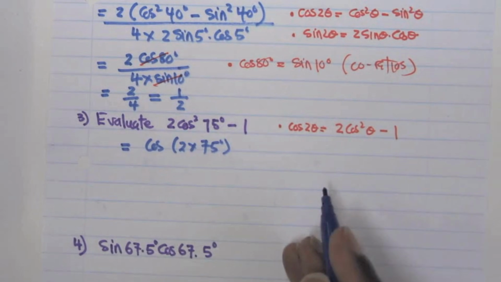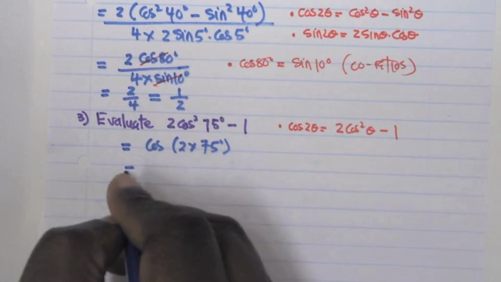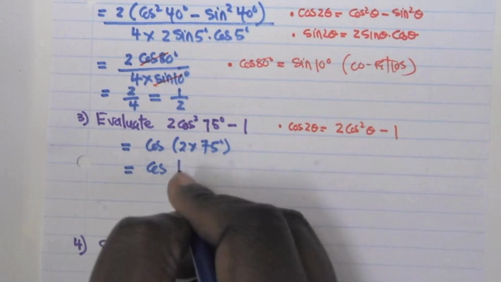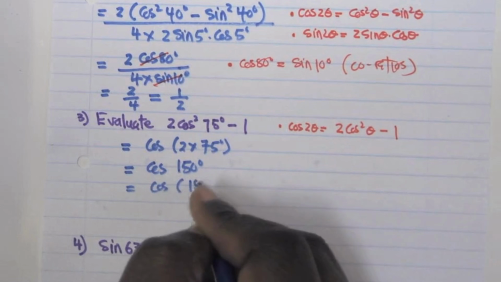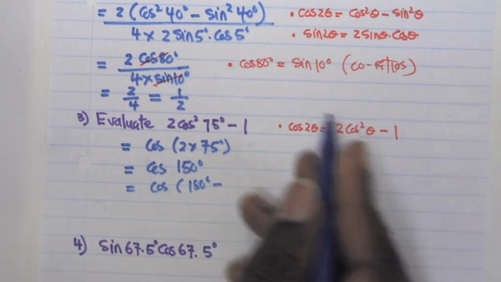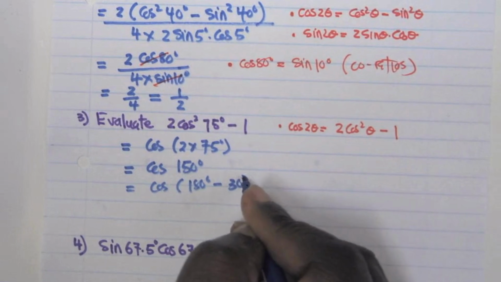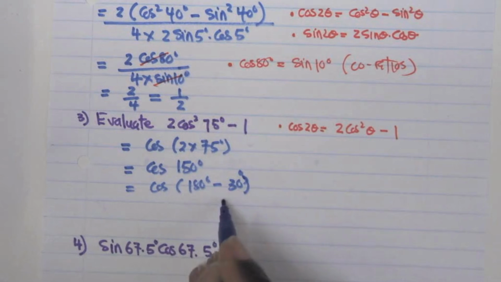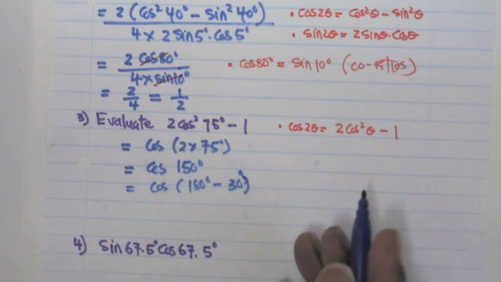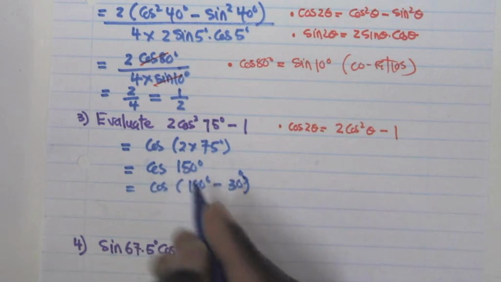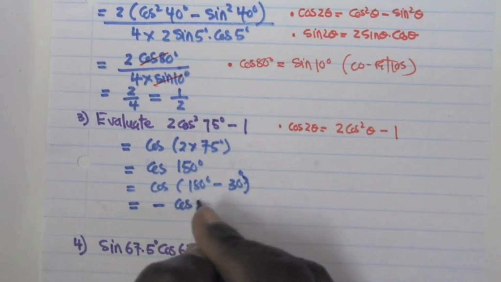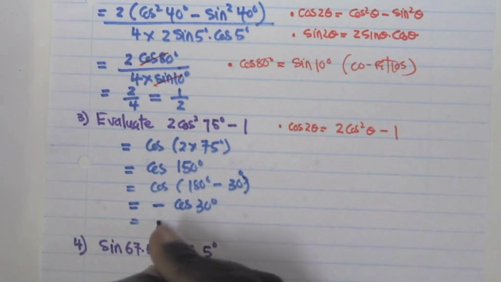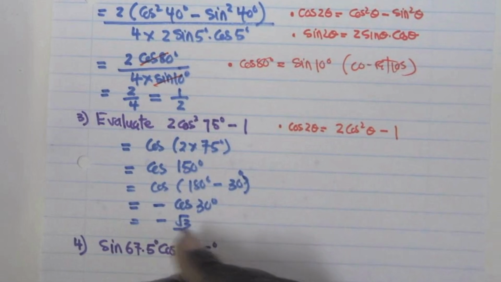I have to double 75 degrees here. And then I'm going to get cos of 150 degrees, of which I can do my reduction. This is an angle in the second quadrant, and it can be written as 180 minus 30 degrees. And because it is an angle in the second quadrant, my cos is going to be negative. This is going to be negative cos of 30, which is going to be negative of square root of 3 over 2.